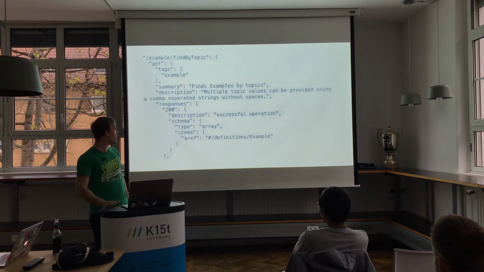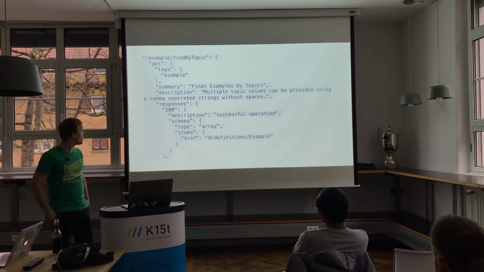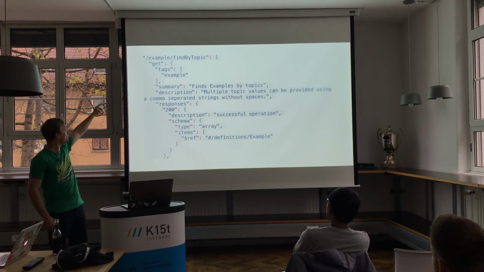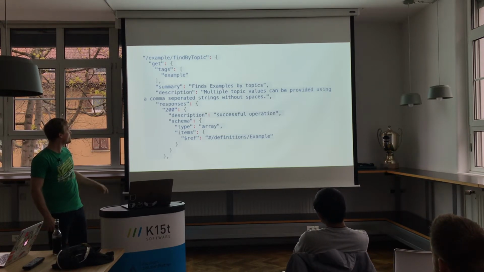So after parsing, that's the part of the OpenAPI JSON we receive. We see that the path of the class and the method was combined. It's a get method with the tag example. The value was transformed into the summary and the notes to a description.